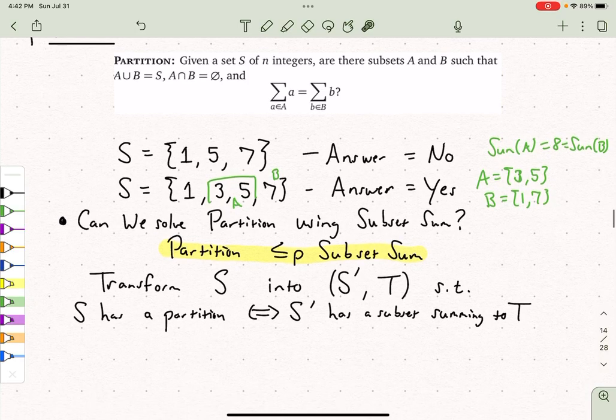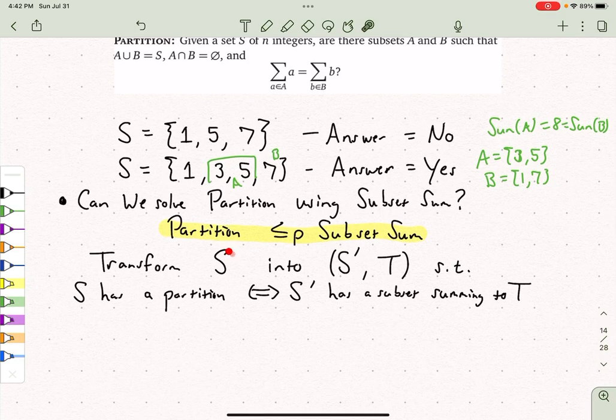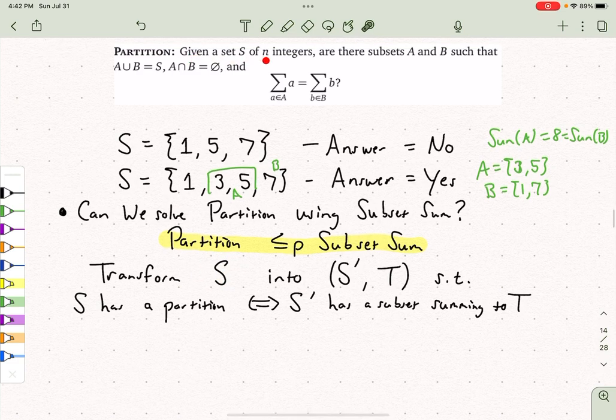Recall what a reduction is telling you: we take an input to the partition problem, which is some set S of n integers, and we need to transform that input into an input for subset sum. And recall subset sum asks: you're given a set of integers S prime, and you're also given a target integer t, and your goal is to find a subset of S prime that has sum equal to exactly t.